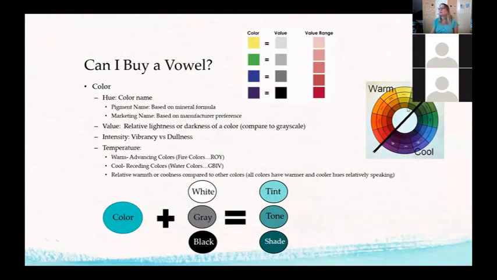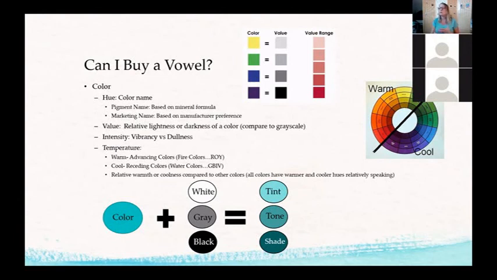And then temperature, as I mentioned before. Warm is advancing colors. They look like they're coming out at you. And I think about fire, flames coming up, right? Warm. So if you think about the rainbow colors, Roy G. Biv, red, orange, and yellow are on the warmer side of the color spectrum.